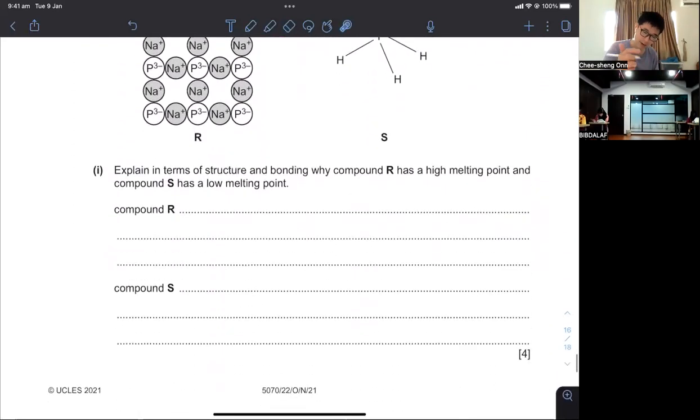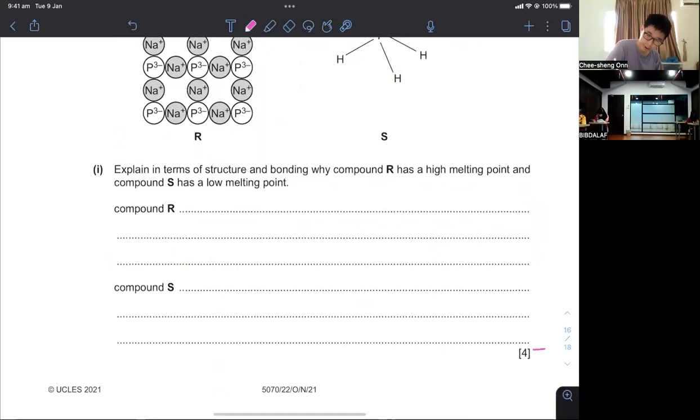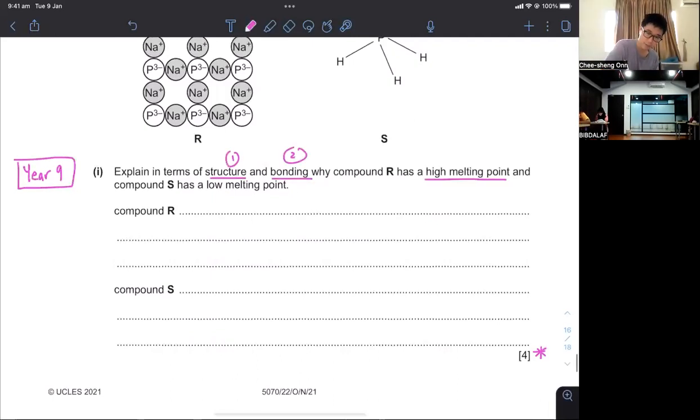Now, moving on to the second question, this is where the majority of the marks are. This is all from year 9. This should have been March or April in your year 9 because this is structure and this is bonding. Now they say this one is high melting point. High melting point suggests it's giant.